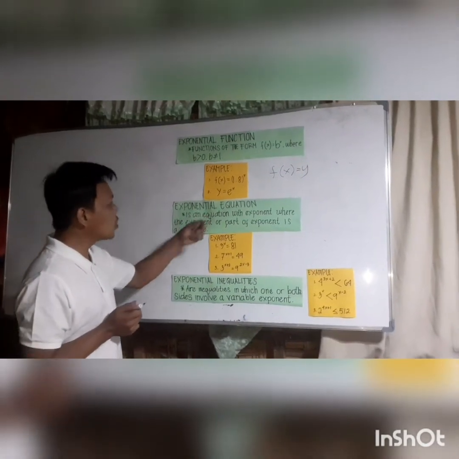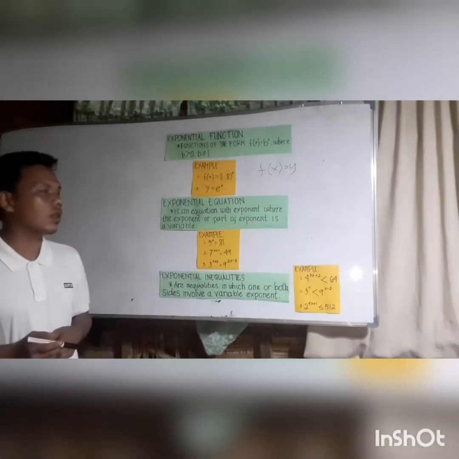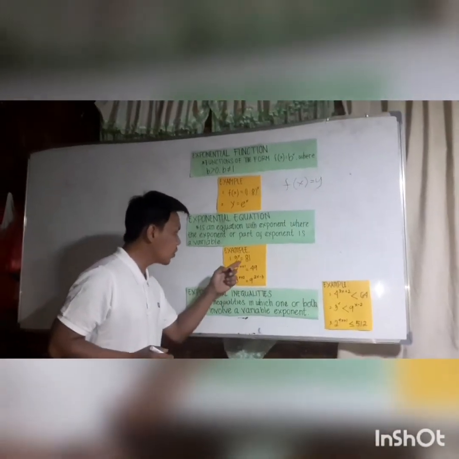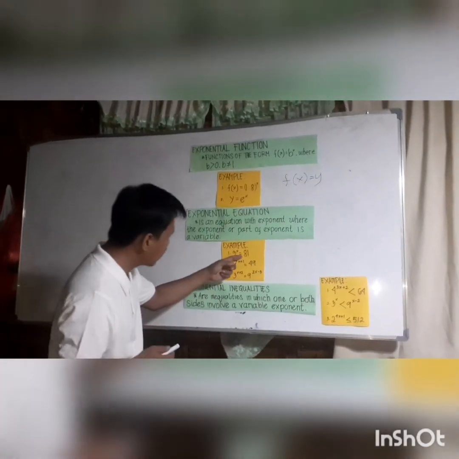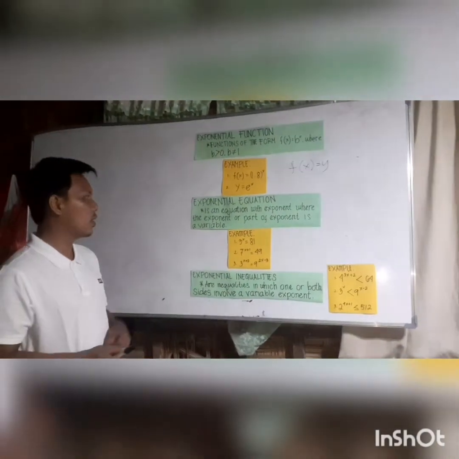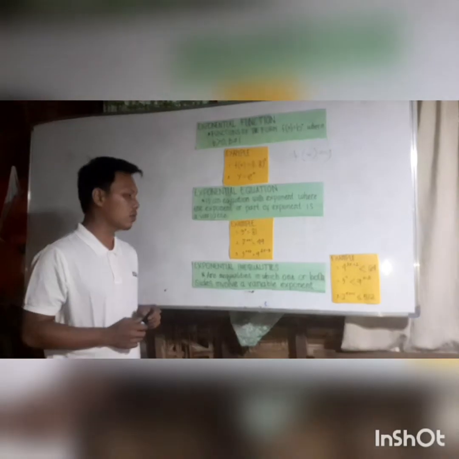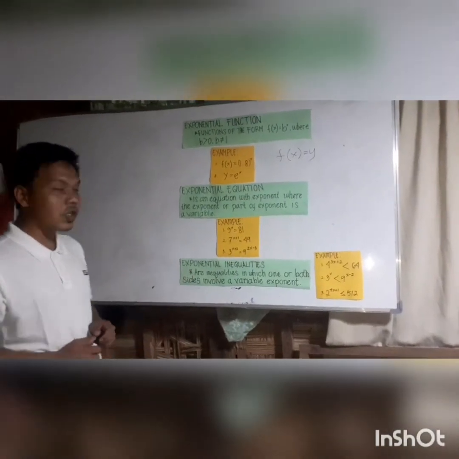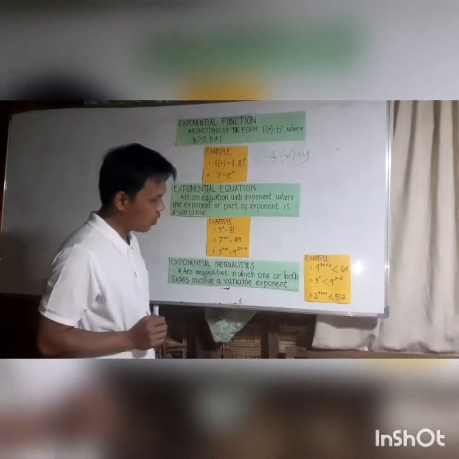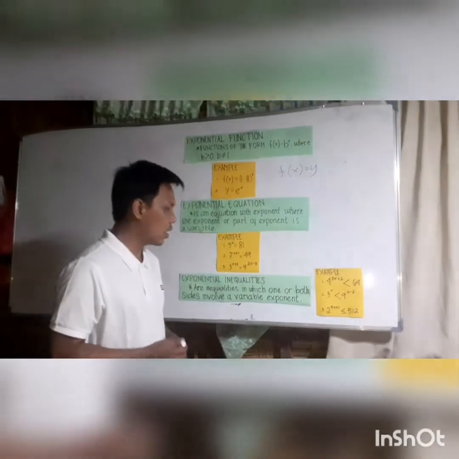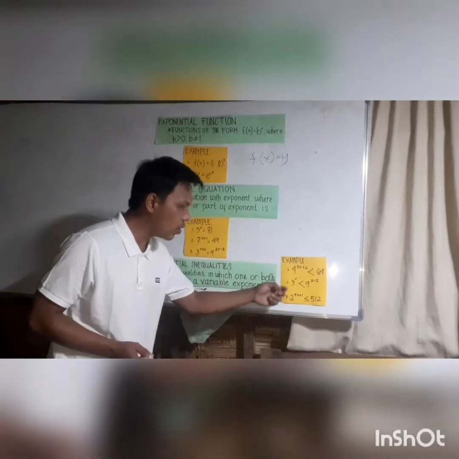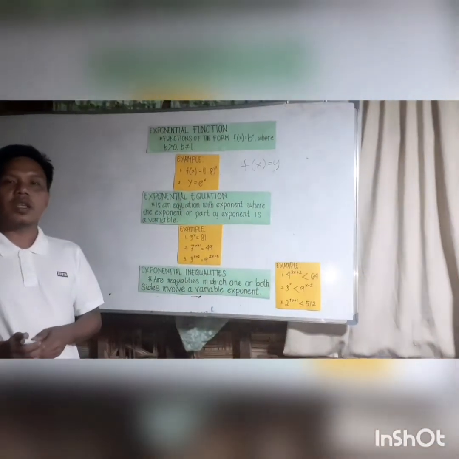And for exponential equations, how can we determine that in an easy way? You just simply look at the separating sign: when you see the equal sign, that is an exponential equation. And for exponential inequalities, when the sign in the middle is an inequality sign, which is less than, greater than, or greater than or equal to.